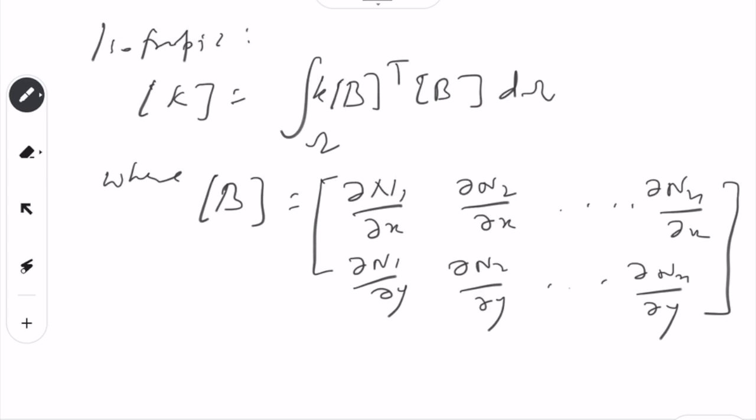So this is a 2 by n matrix, where n is the number of nodes in the element.